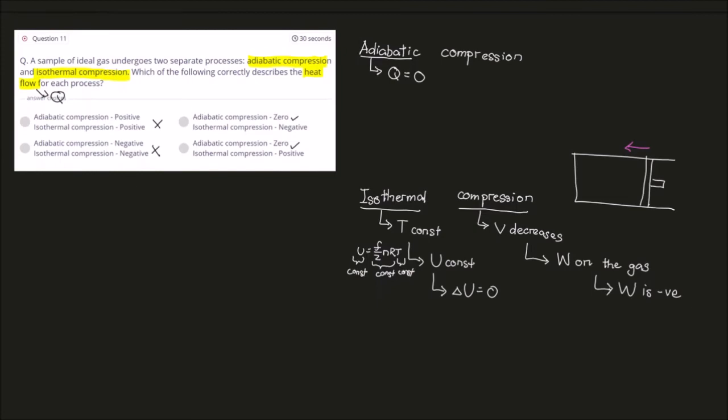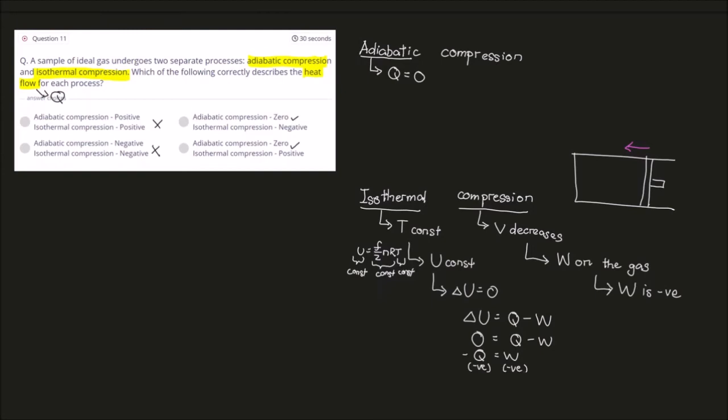Okay, that's a lot of info. Let's combine delta U and the W with the first law of thermodynamics. Delta U equals Q minus W. You know delta U will be 0, and W will be a negative value. Let's shift it into a way that we can understand easily. After rearranging, we know that if W is negative, our Q should be negative as well.